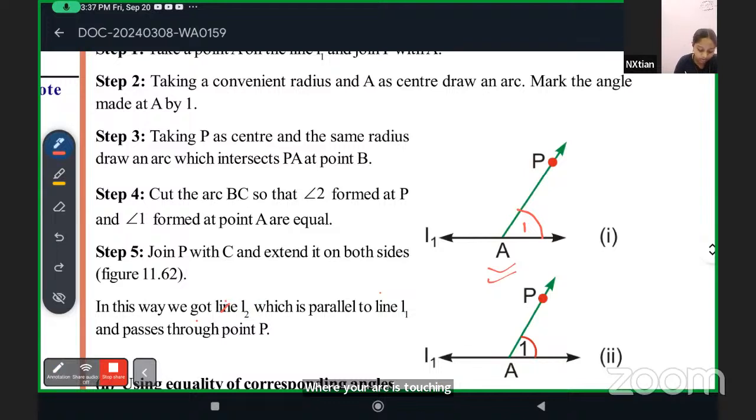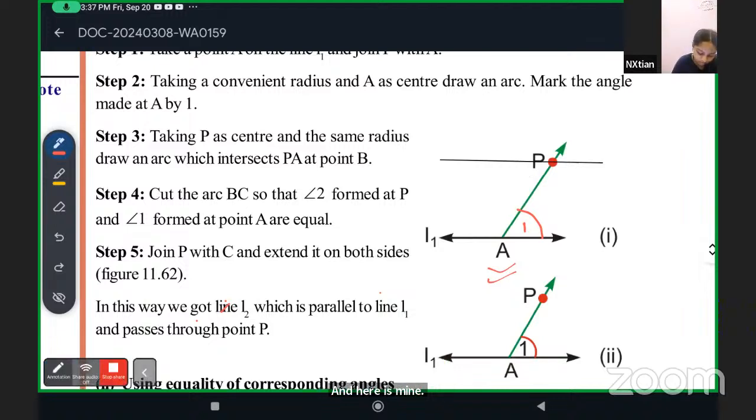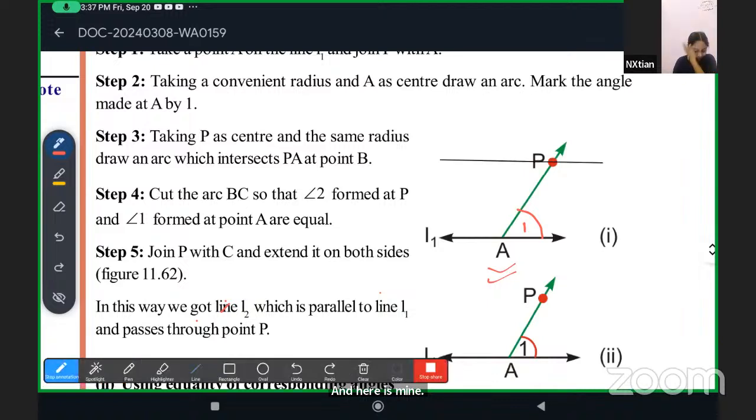I will make it and show. Suppose this is my parallel line. And here is my arc R2.